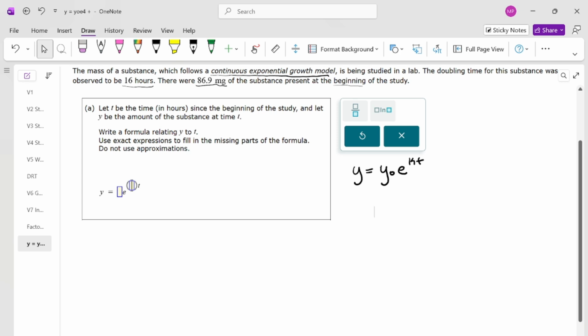So we know that there were 86.9 milligrams of the substance present at the beginning of the study. So Y sub 0 is equal to 86.9.